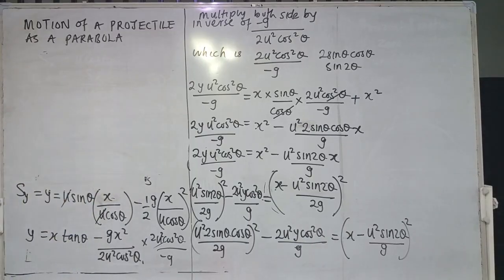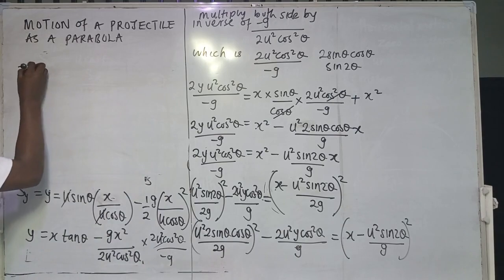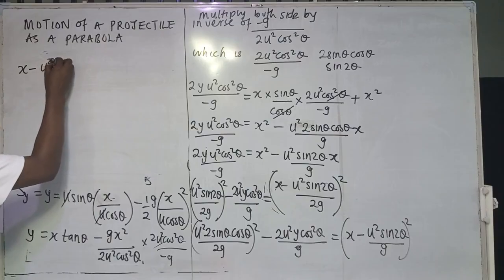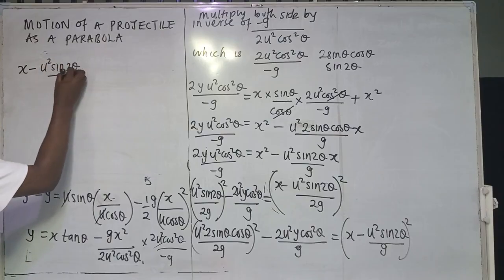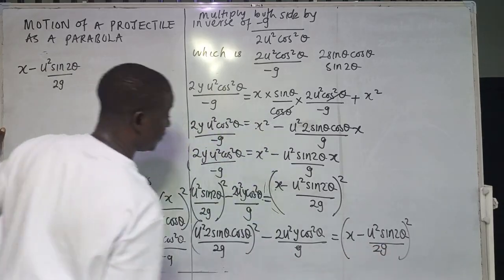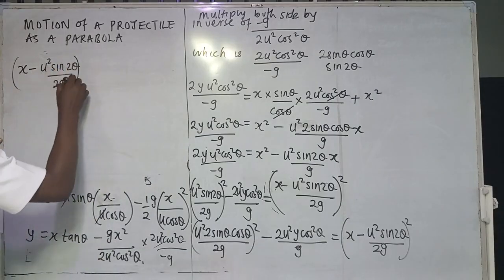So if I bring the function out, what do you have? Let me write that other one first: s minus u square sine 2 theta over 2g, all square.